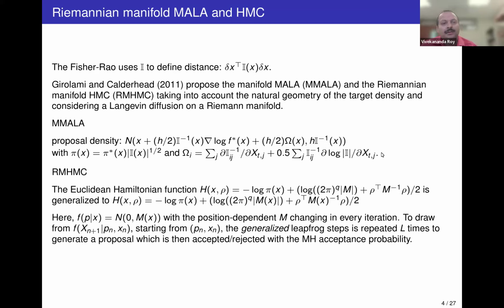Similarly, in that paper, the Riemannian manifold version of the HMC was also developed, where they generalized the Euclidean Hamiltonian function to a generalized Hamiltonian function. And in that case, what happens is that the leapfrog integrator, the numerical integrator that we use in the regular Euclidean HMC, doesn't work anymore.